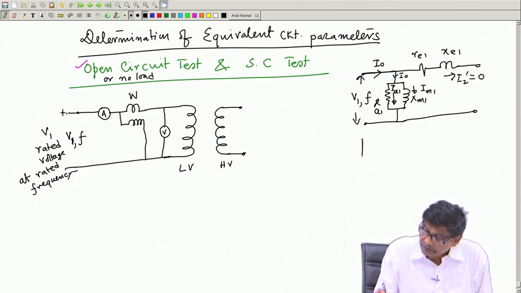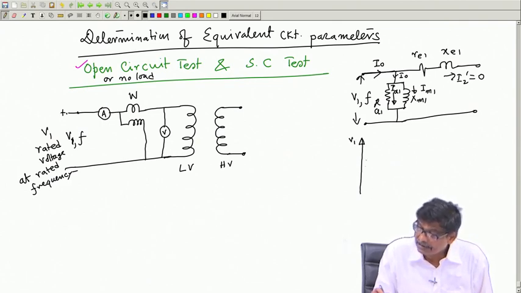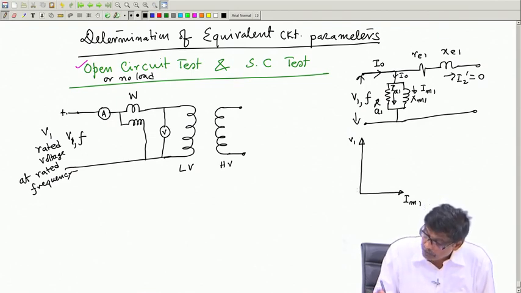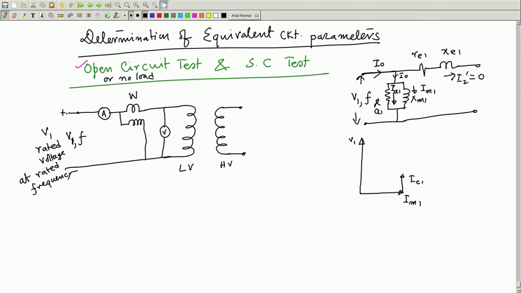The phasor diagram is very simple. Applied voltage V1, the magnetizing current will be 90 degrees lagging, and the core loss component of current will be in phase with the supply voltage, and this will be your no load current I naught.